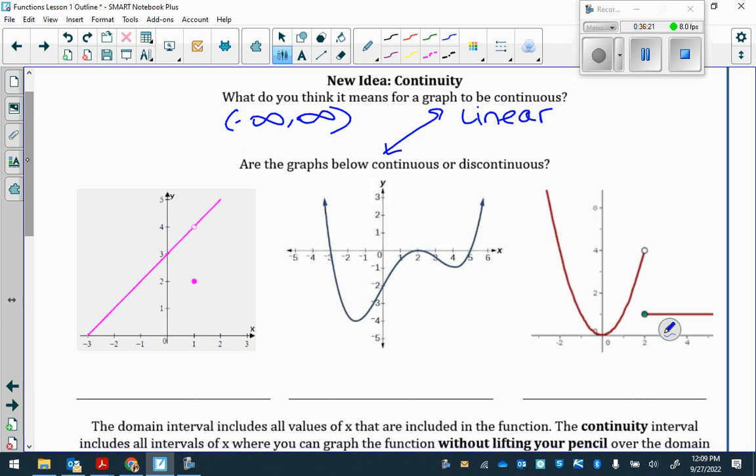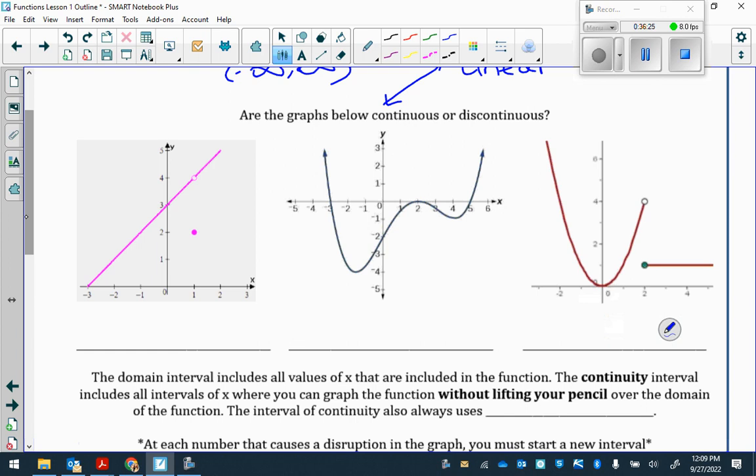Okay. So we're going to determine now, are the graphs continuous or discontinuous? So this first graph. Why? Because there's an arrow, at least on the paper, at the top. Okay.